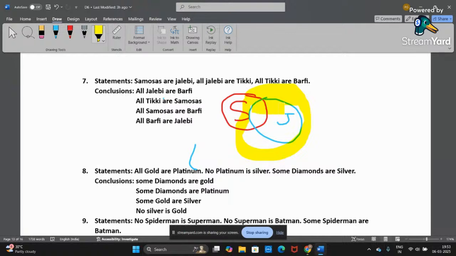It is tikki. All jalebi are tikki. This yellow color is tikki. All jalebis are tikki. All tikki are burfi. We'll take one more color.